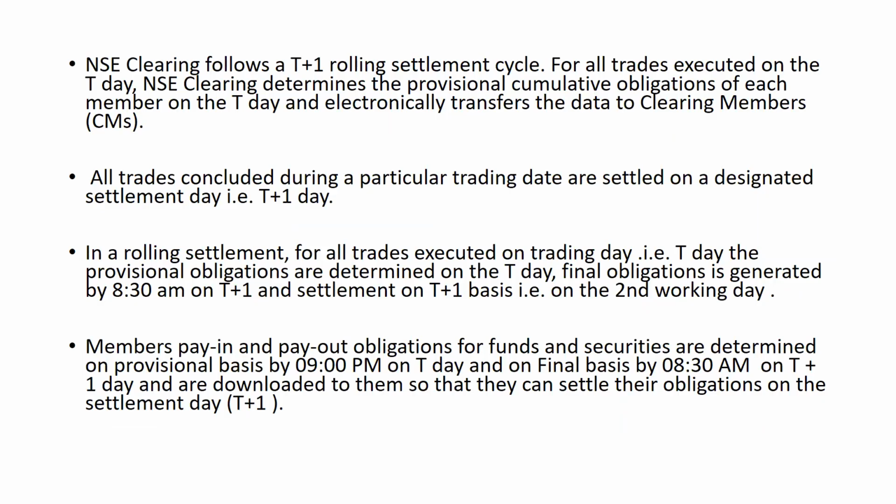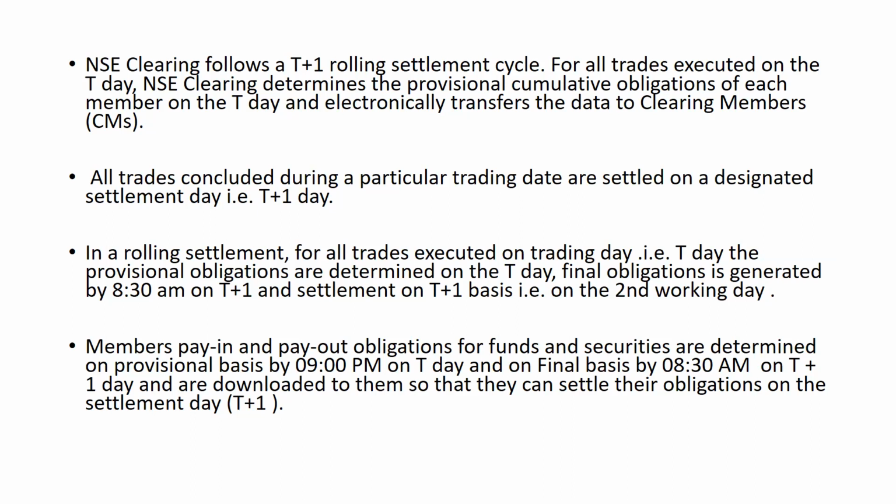Now I have written some explanation. NSE Clearing follows, as I said, a T+1 rolling settlement cycle. For all trades executed on the T day, NSE Clearing determines the provisional cumulative obligation of each member on the T day, and electronically transfers the data to clearing members.